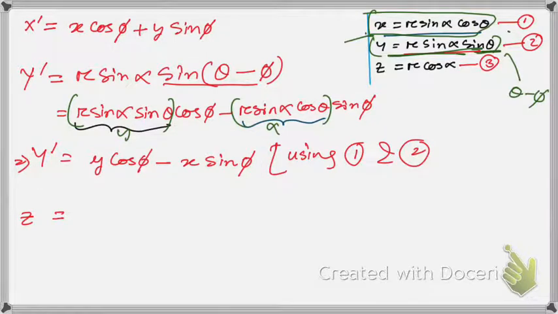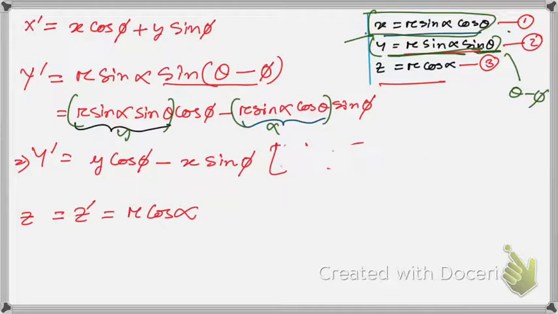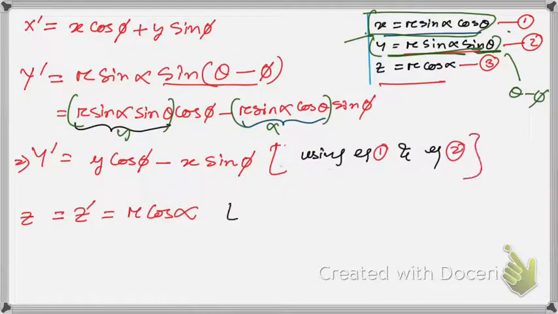Now z remains the same. Z will be equal to z dash, that is r cos alpha, right? Just let me write it properly. Using equations number 1 and 2, as z is fixed. Okay, here z is fixed.